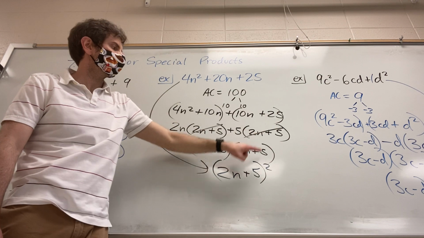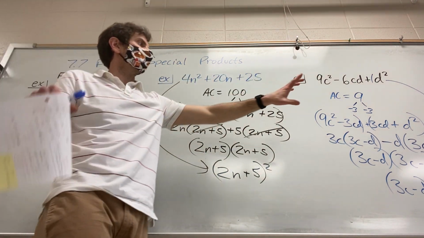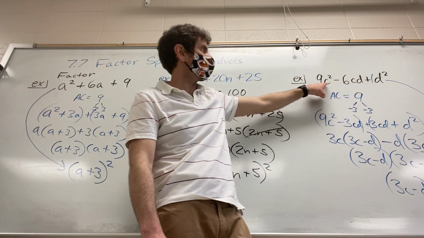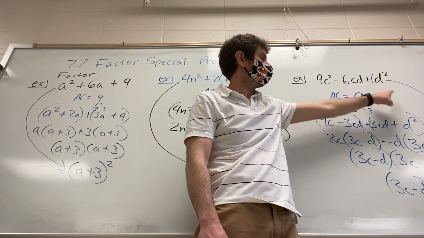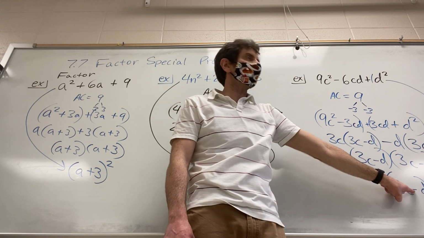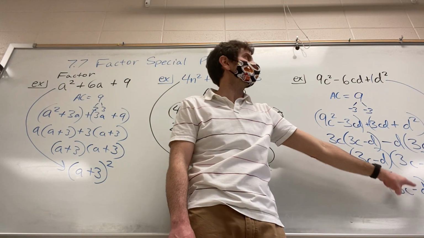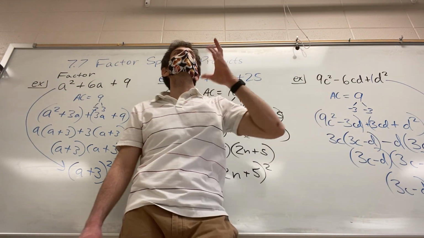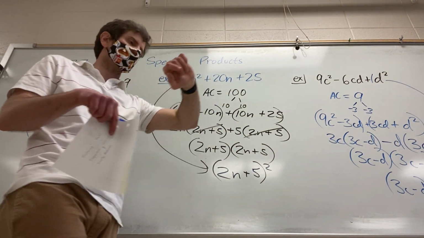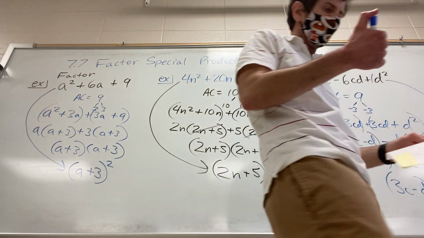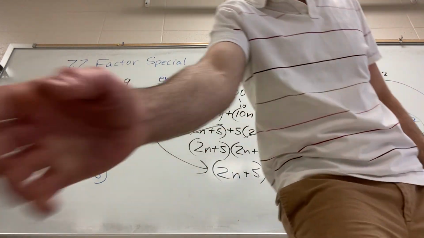What's the square root of this? 5. And we're good. Now this one's a little bit different. What's the square root of this? 3c. What's the square root of this? It's 1. But notice it had a minus. So there is a relationship with the middle, and we'll talk about that after lunch. Have a good day. Or have a good lunch. How about that?